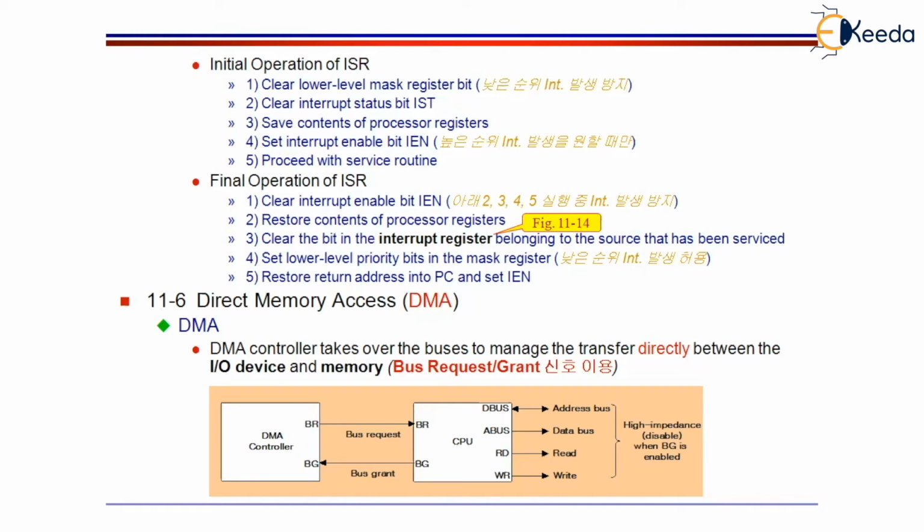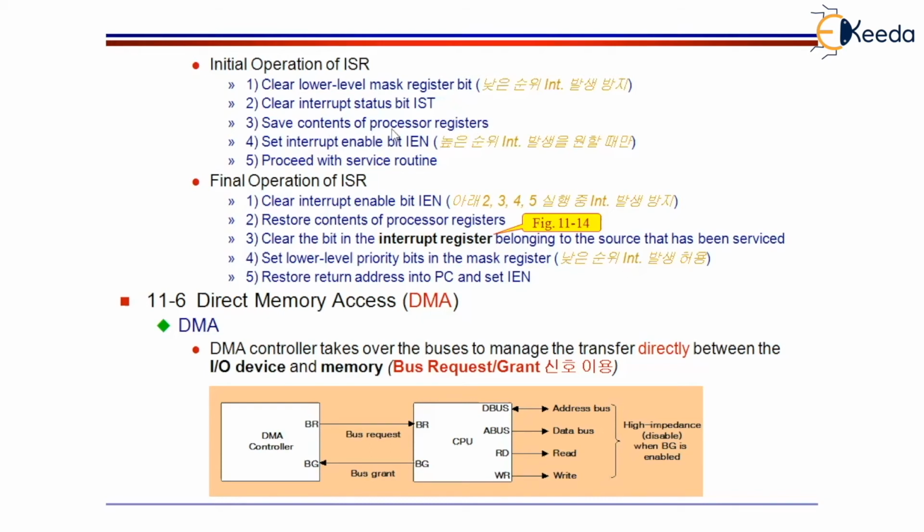So the CPU is going to save the contents of the processor registers, including the status register. The program counter value and the status register value will be saved, because all those values belong to the currently executing program, which is going to be suspended for a while. That's the reason it saves the contents of the processor registers.